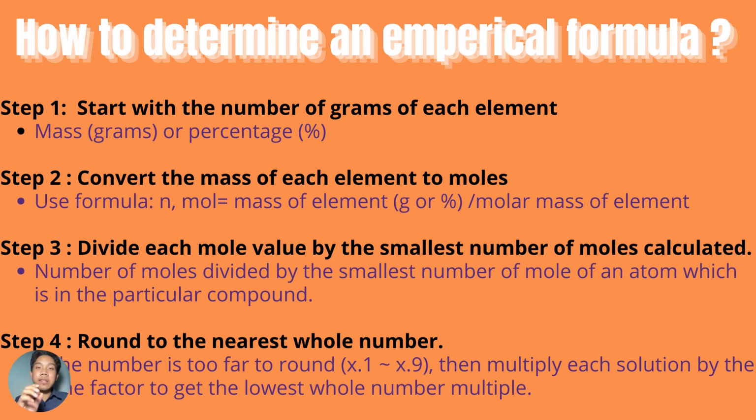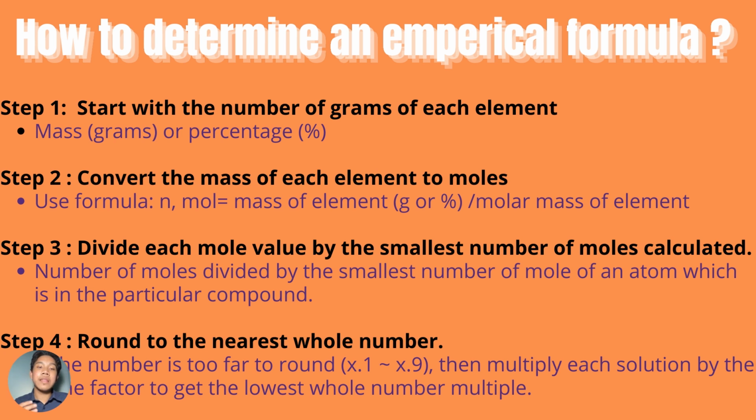The percentage of the element, for instance, 40% of carbon, that number 40 is your mass, right? Ignore the percentage, just take the number 40. That is your mass. Use that in your formula. The formula is in step 2, all right? Let's get into step 2.